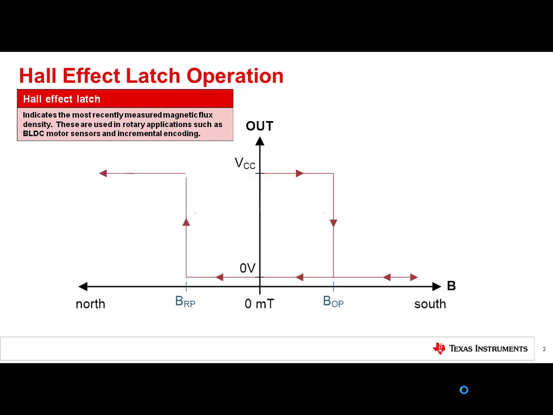Similar to the case before, the output will remain high until the south pole is presented to the sensor again. An absence of magnetic input will always result in the last latched state remaining active. Finally, the hysteresis range, BHYS, refers to the range between BRP and BOP.